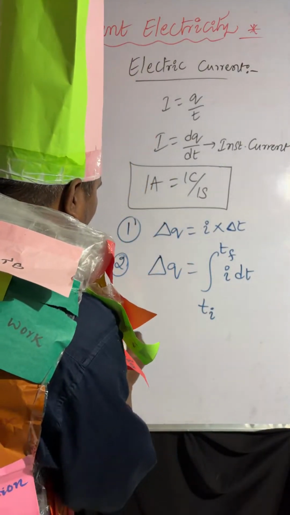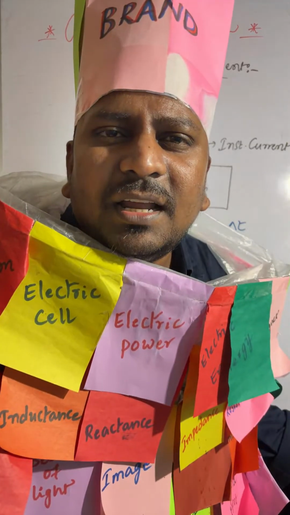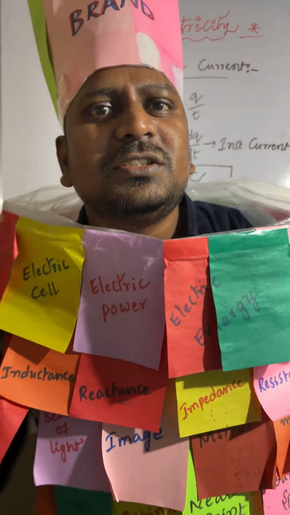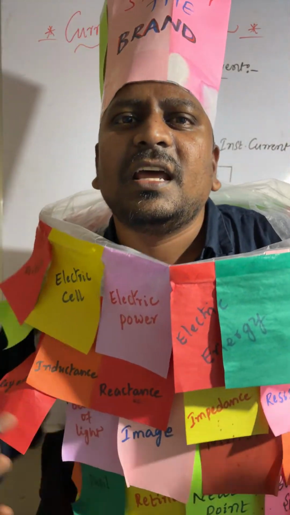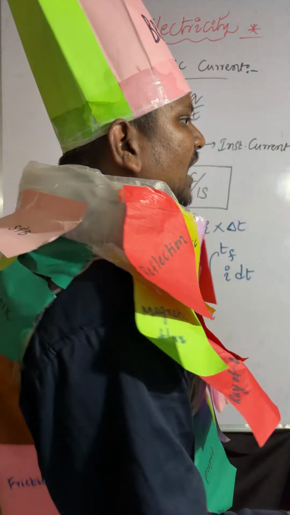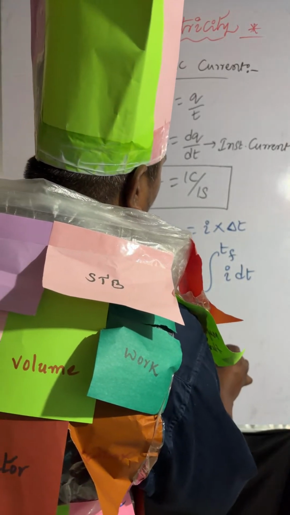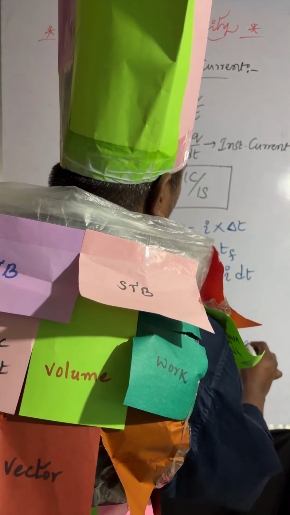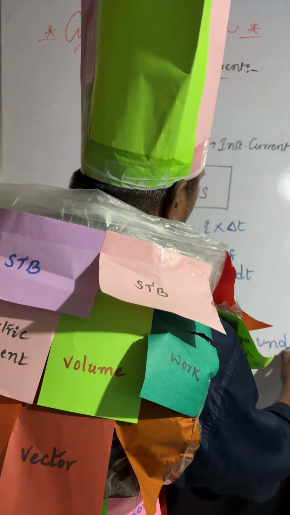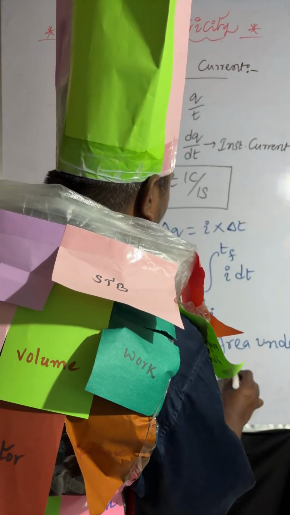And coming to the third one, the charge can be obtained by the area under the I-T graph, the current and time graph.